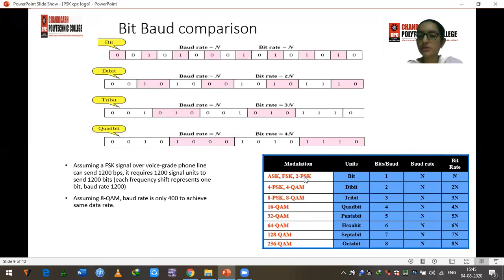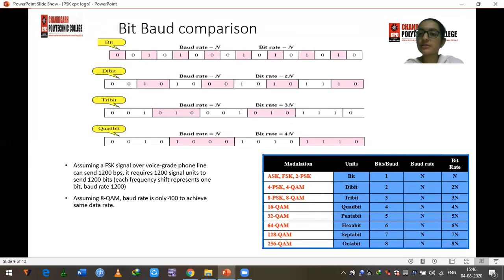For ASK, FSK and 2PSK, the unit is a bit, and bits per baud is 1. For QPSK and 4 QAM, it's a dibit. For 8 PSK and 8 QAM, it's a tribit, which means bits per baud would be 3. 16 QAM is quadbit, 4. 32 QAM is pentabit, 5. 64 QAM is hexabit, 6, and so on.